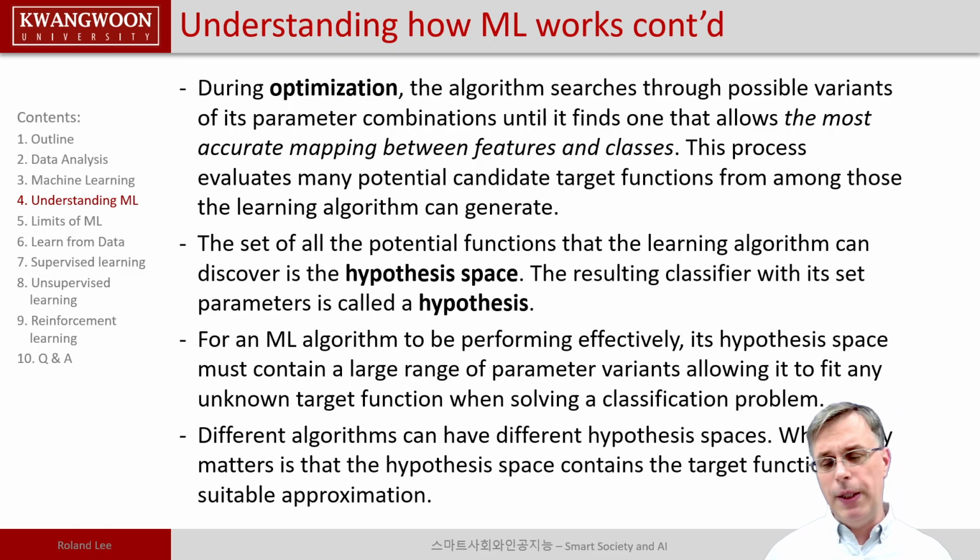So during the learning process, an optimization engine in an algorithm changes parameters from their initial values to represent an approximate target function.